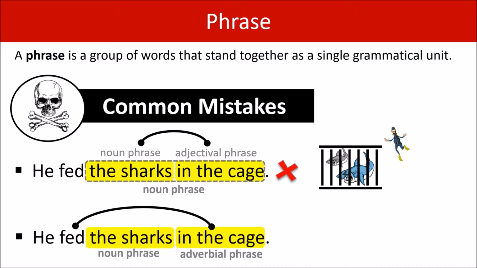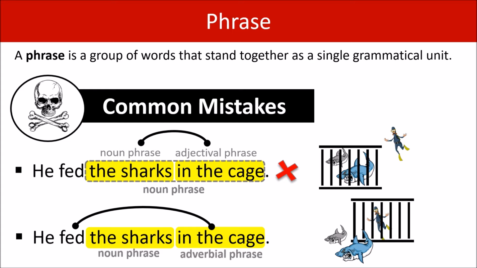So in this example, it's telling us where. So in the cage is a phrase functioning like an adverb. So the scenario is this. And that is the scenario you would expect. But the sentence was ambiguous.